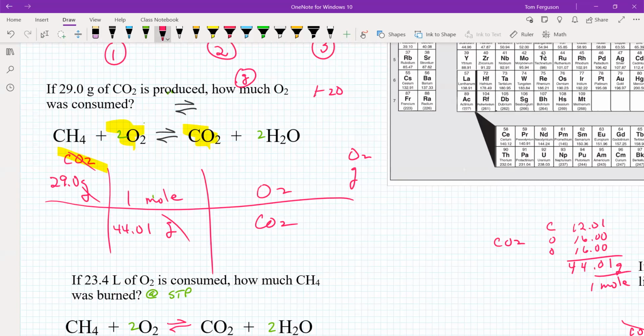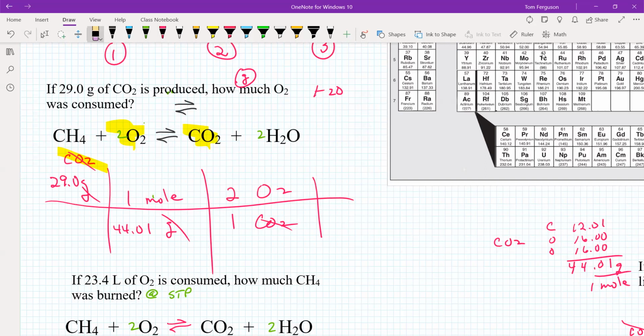Oxygen on the top. So that's 2 to 1. And again, from the balanced equation, and this is why we balance the equation, to get this ratio.